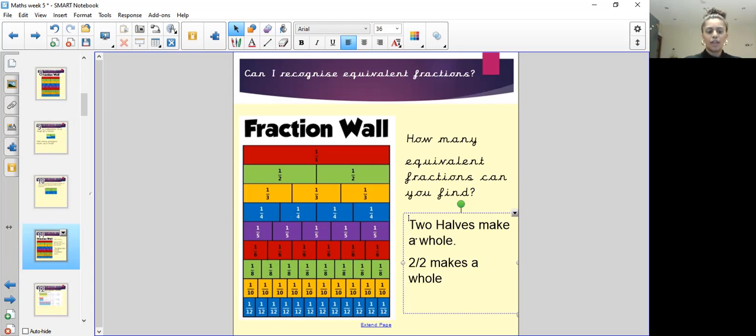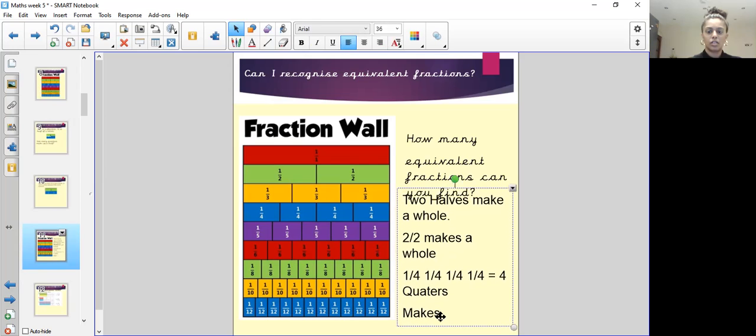I also know that 4 quarters, or if I wanted to show you how it's broken down, a quarter, a quarter, a quarter, and a quarter equals 4 quarters. And 4 quarters makes 1 whole.